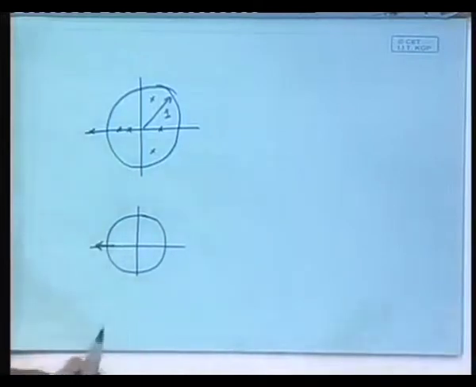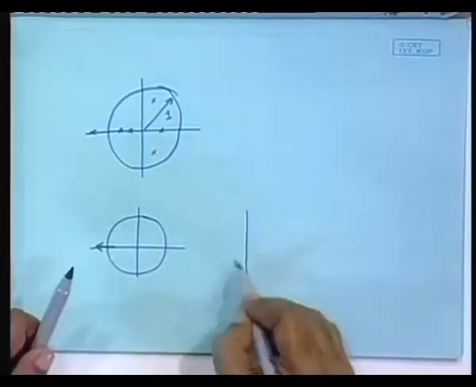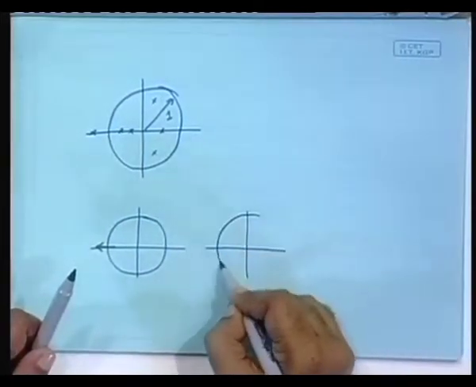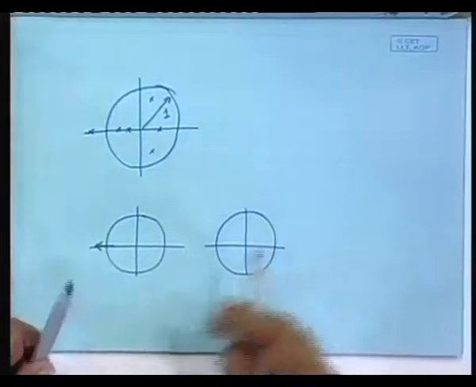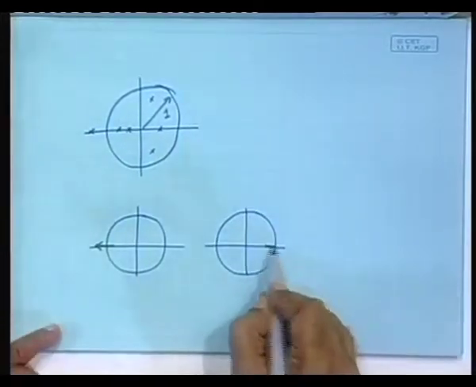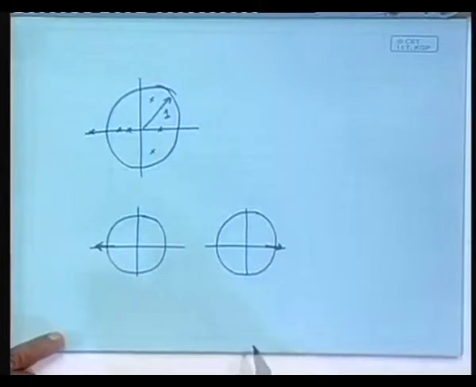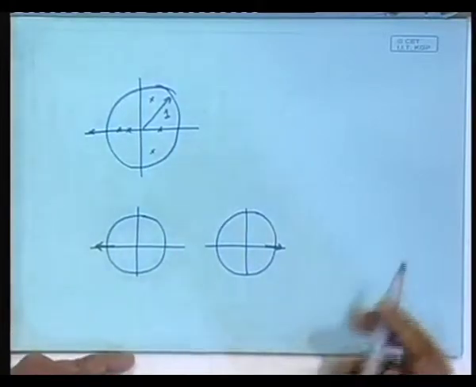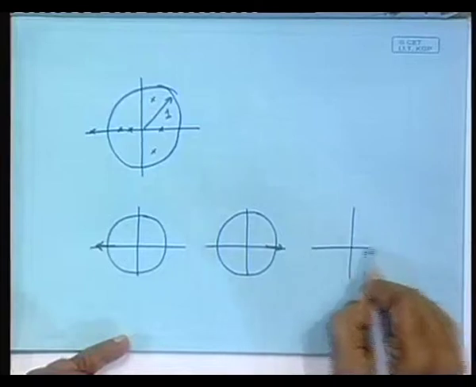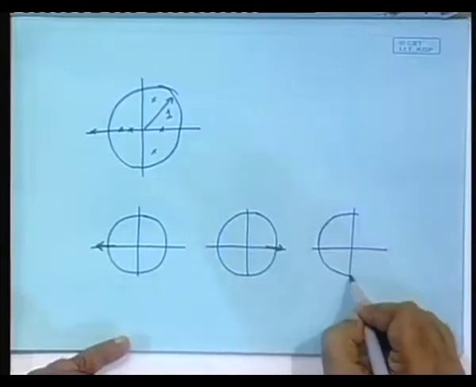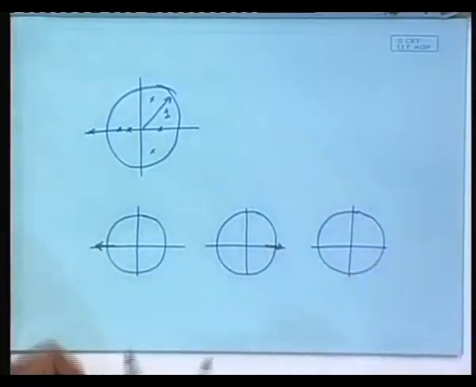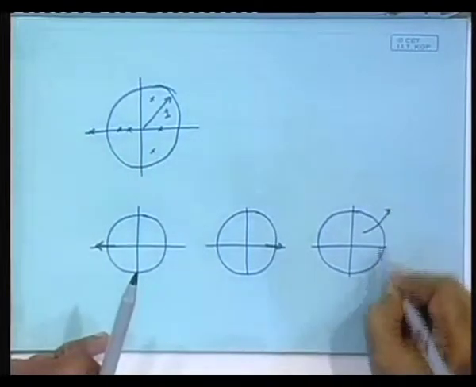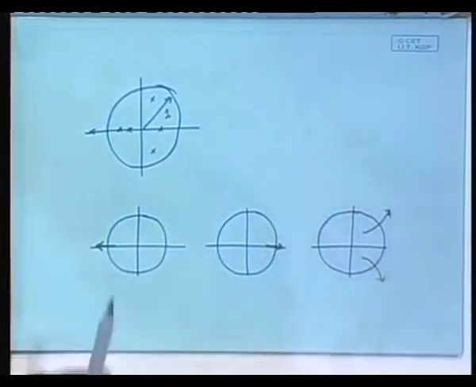Another possibility is where you have the unit circle like this, and one eigenvalue goes like this, and the third possibility is a pair of eigenvalues leave the unit circle like this.